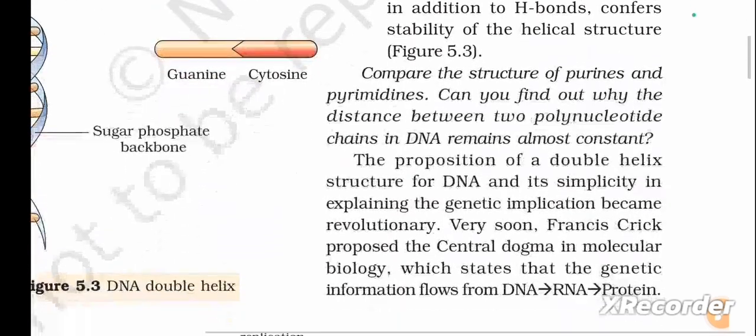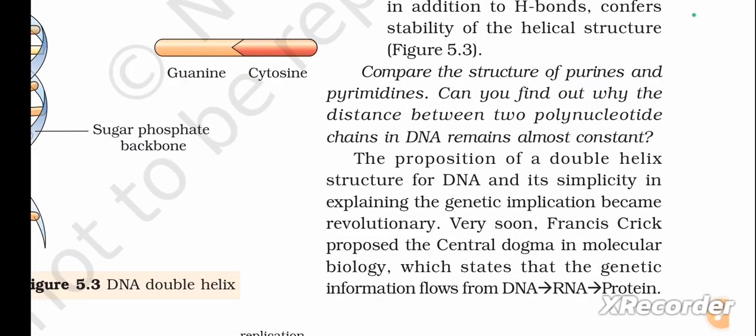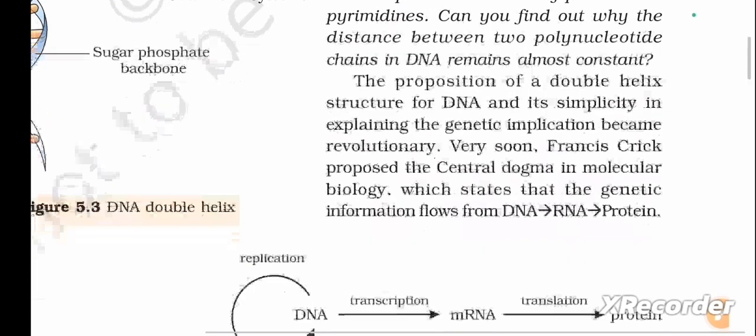Figure 5.3. Compare the structure of purines and pyrimidines. Can you find out why the distance between two polynucleotide chains in DNA remains almost constant? The proposition of a double helix structure for DNA and its simplicity in explaining the genetic implication became revolutionary.